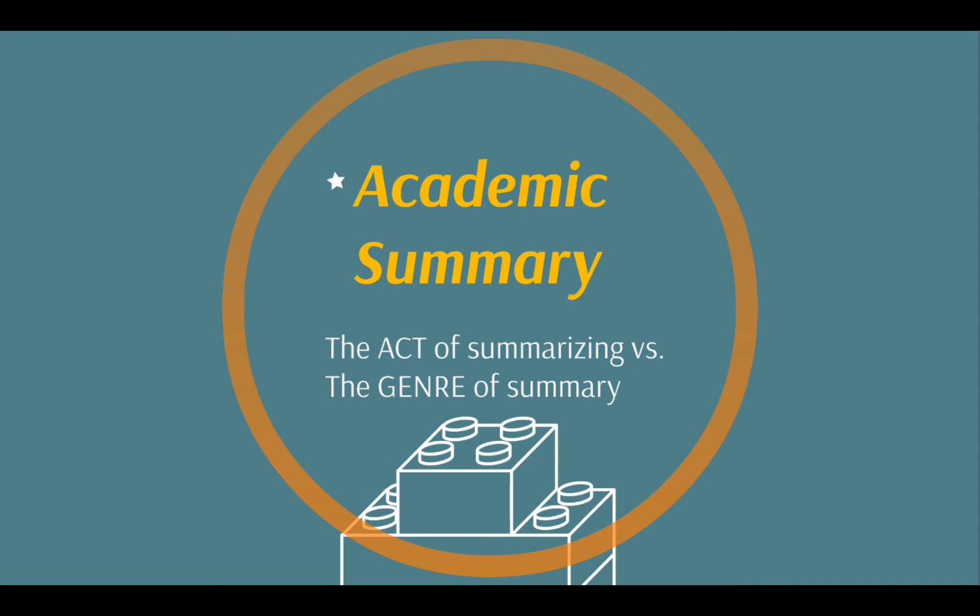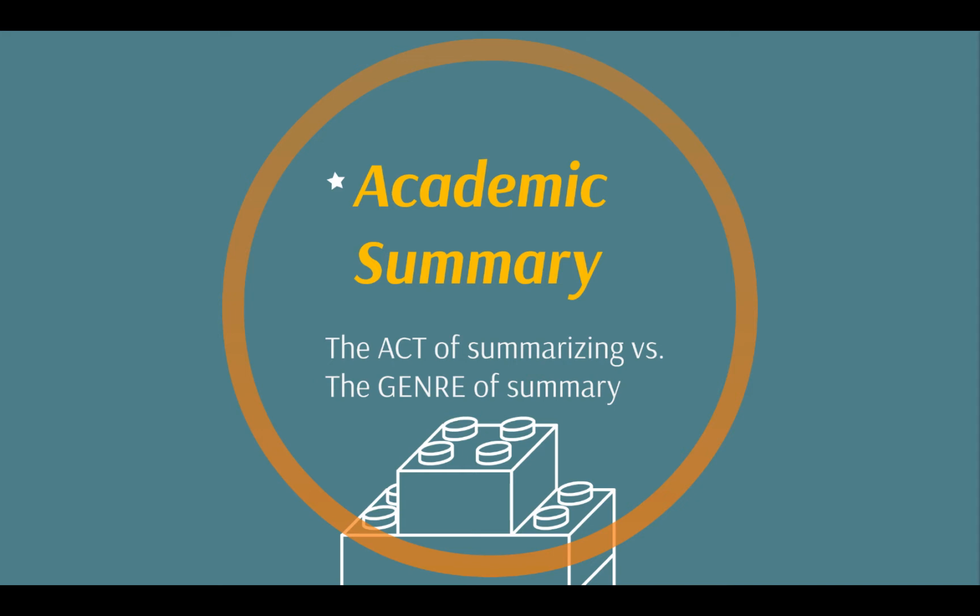And when we talk about genre in the context of our writing class, we are talking about types of writing that respond to particular rhetorical situations and thus develop or evolve a certain set of features that make them very recognizable. So when we talk about writing an academic summary, I am talking about writing the genre of summary.